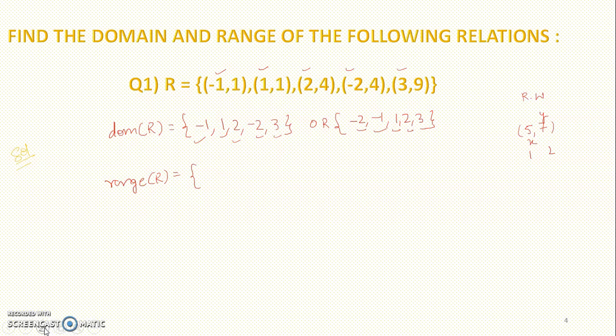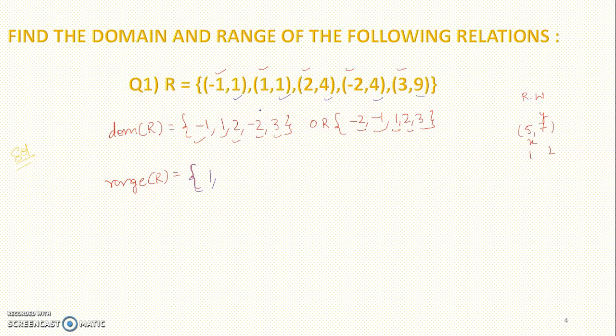Let me change the ink color, so it will be easy for you to differentiate. So range will be now, see, second, this, this, this, this, and this. Now see, these numbers are being repeated, 1, 1, 4, 4, 9. You don't have to write them twice, you just write them once.